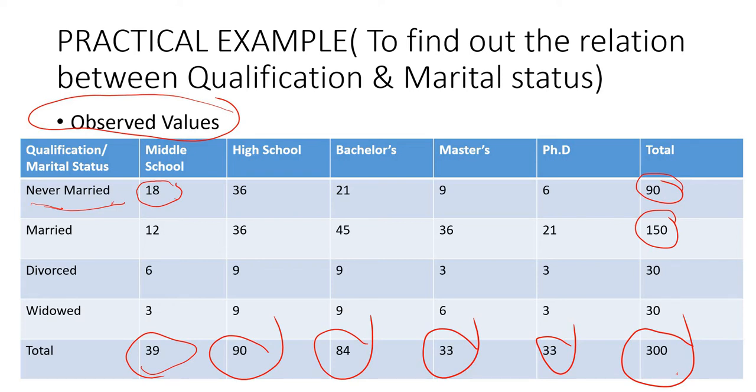For that we need the row total. Here the row total is 90. What is the column total? It is 39. What is the grand total? It is 300. So to get this value in the expected value table, you need to do 90 into 39 divided by the grand total 300.